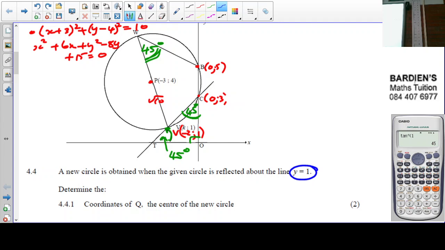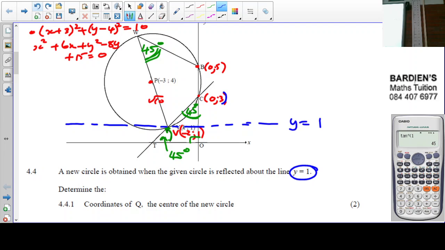So if you've got y is equal to 1, this is 3 here. So here's 1. Y is equal to 1 will go through this here. As you can see that y value is 1. Okay? So that is y is equal to 1.